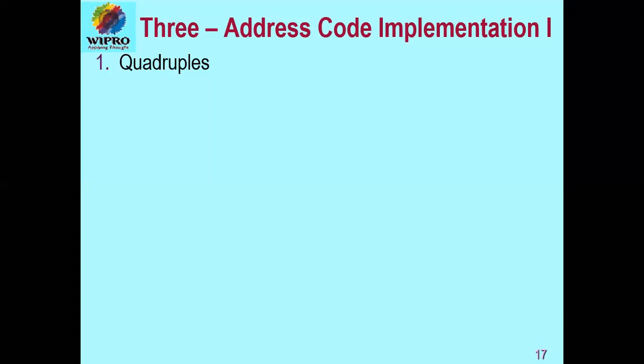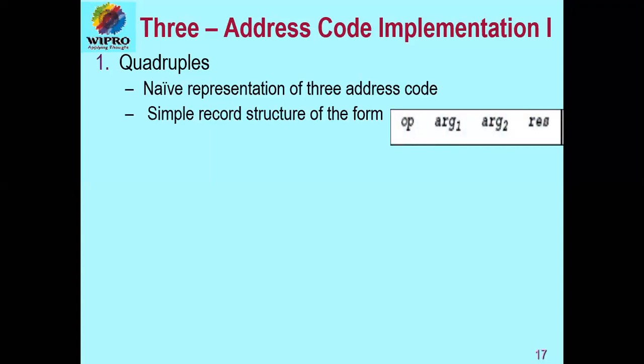Quad means 4, so it will have 4 columns: first is operator, second is argument 1, third is argument 2, and the final one is result. So it is capable of representing our three address code easily. The reason is that every instruction in your three address code contains an operation and a maximum of 2 operands, correct?